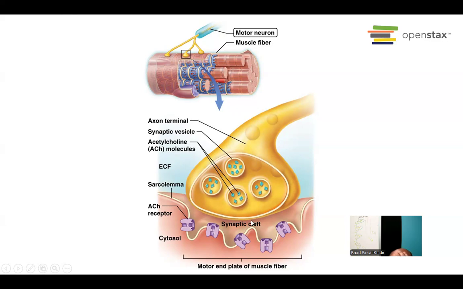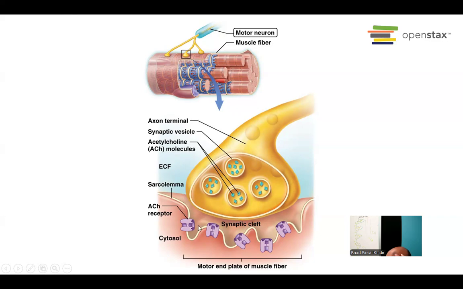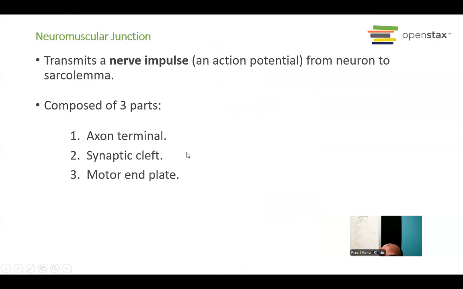And then acetylcholine is going to be released, and it's going to bind to the postsynaptic terminal, and that's going to cause an opening of the ACh receptor. It transmits a nerve impulse and an action potential from the neuron to the sarcolemma.